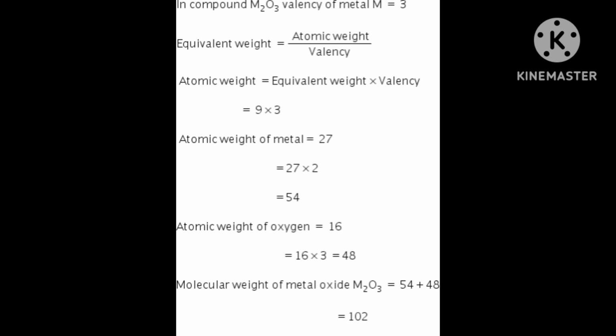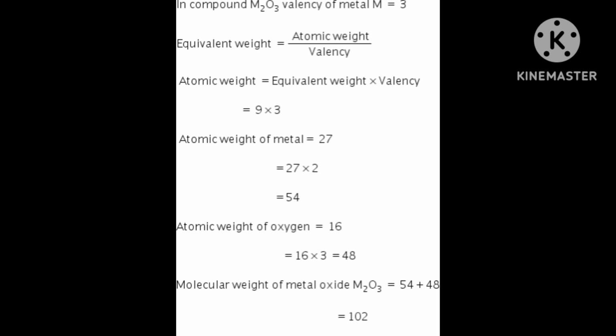1 Faraday means 96,500 coulombs. You remember, 96,500 coulombs. Correct? What is the coulomb? It is telling about the charge, and in an indirect way you can say current only.